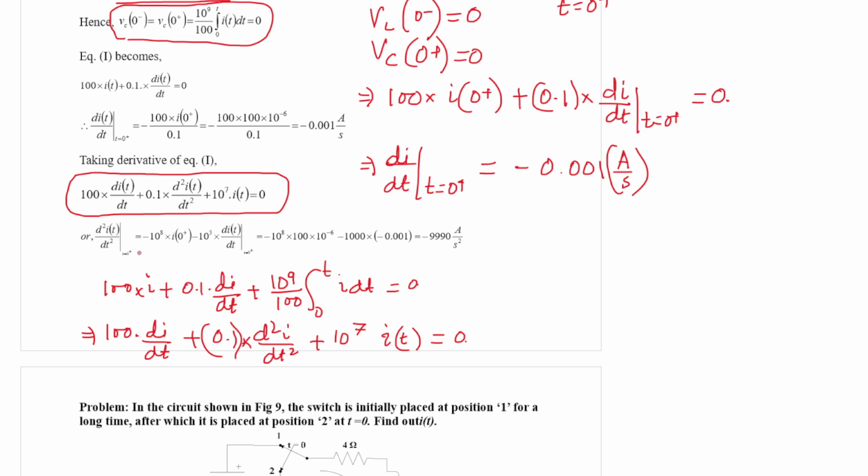Now we know di/dt at t equal to 0 plus and i at t equal to 0 plus, so you should evaluate d2i/dt2 at t equal to 0 plus.